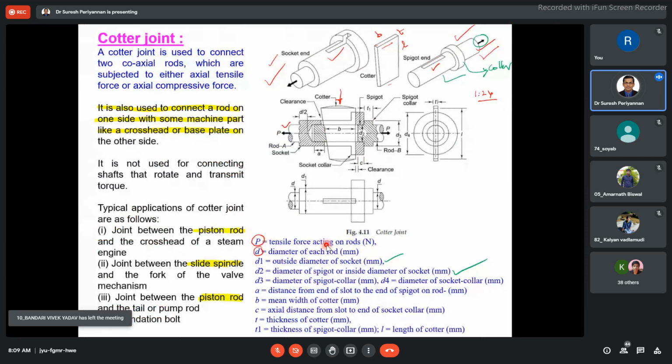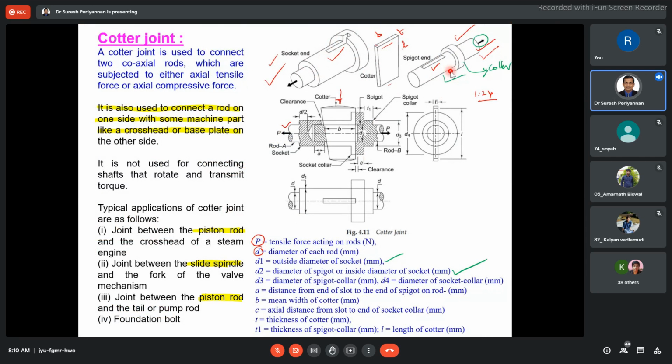When we insert the cotter through the slot and apply a little hammering force, the wedge action tightly holds the socket and spigot. This is the principle of wedge action.